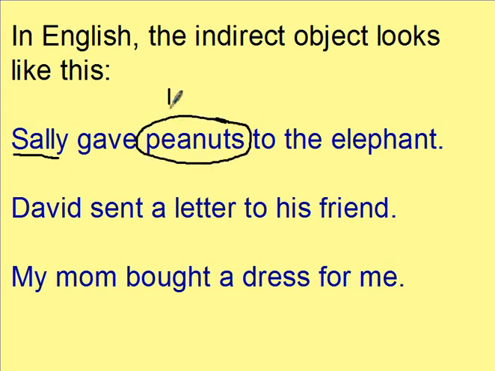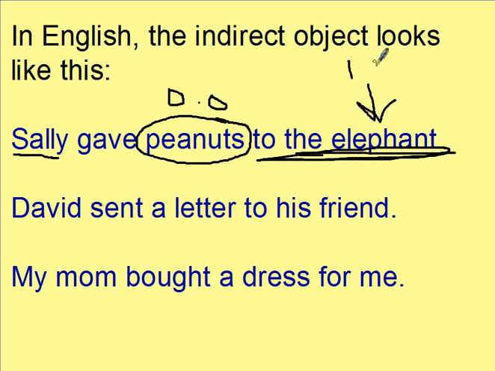Peanuts is the direct object in this sentence because it is what Sally gave. If we want to find the indirect object, we need to ask to whom. Sally gave peanuts to whom? To the elephant. Therefore, the elephant is our indirect object in this sentence.